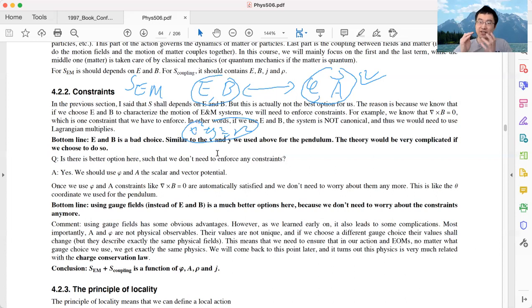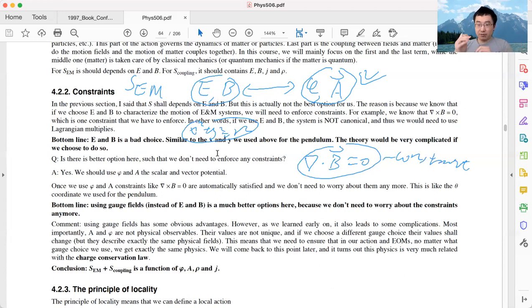To see that, we just need to go back to our Maxwell equation. In the Maxwell equation, we all know the divergence of B needs to be 0. So if we use E and B, this is a constraint. My Bx, By, Bz are not independent degrees of freedom.